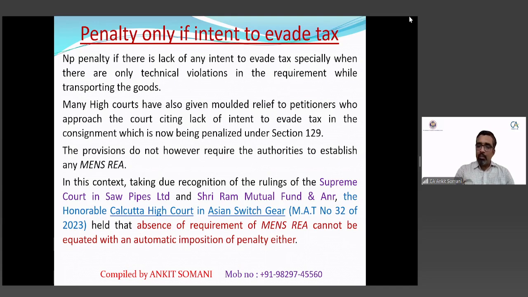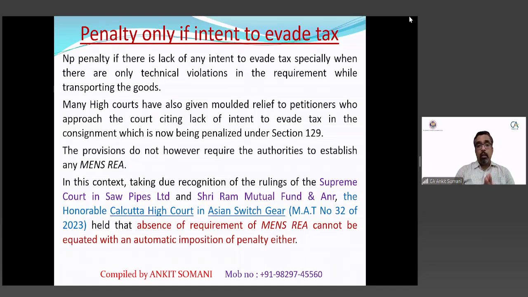Now, in case the section does not refer to an important protective covenant of mens rea, this cannot be a ground of simply imposing a penalty. It cannot be said that Section 129 never included any requirement of mens rea, and hence penalty is to be imposed. No, sir, it is not. It is not to be levied in such cases.